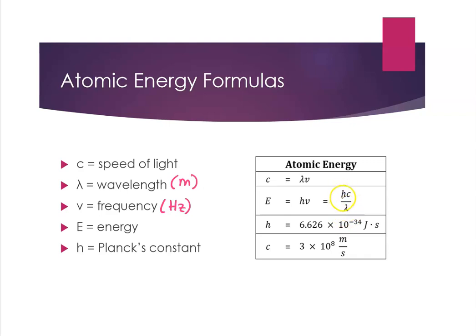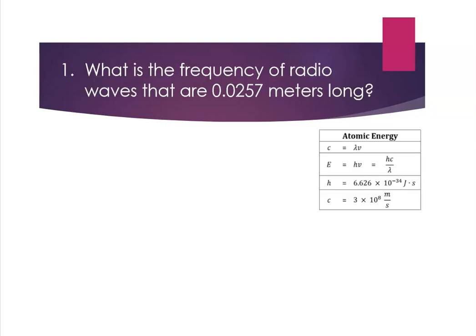But essentially here we're multiplying h times the speed of light, which is 3 times 10 to the 8th meters per second, and then we divide by wavelength. So if we're given wavelength, we use this equation. If we are not given wavelength, we're given frequency, then we use the other equation. If wavelength is not in meters, then we use our SI conversions to convert from whatever unit we're given to meters.